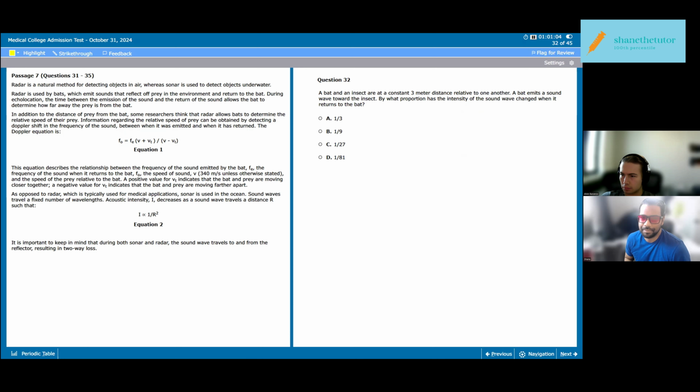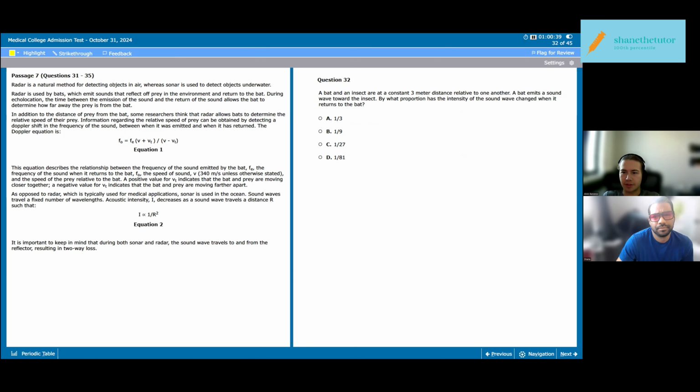Oh, nice. Okay. So here I was a little confused. I know intensity equals one over r squared, so it's probably B or D. That's what I was thinking.